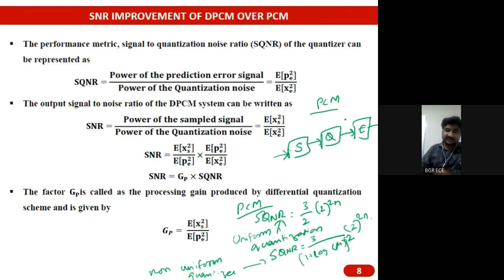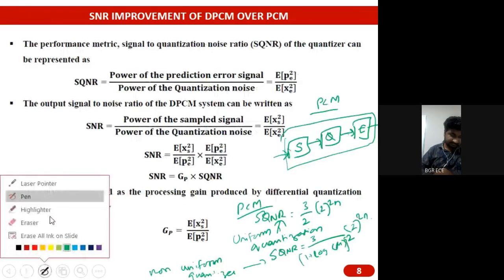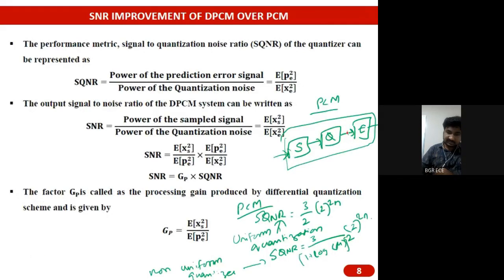But in DPCM, instead of this quantizer structure, which is the PCM structure, we will have a prediction filter whose output is given to the input. This is how the architecture differs from PCM to DPCM. This is the only difference.